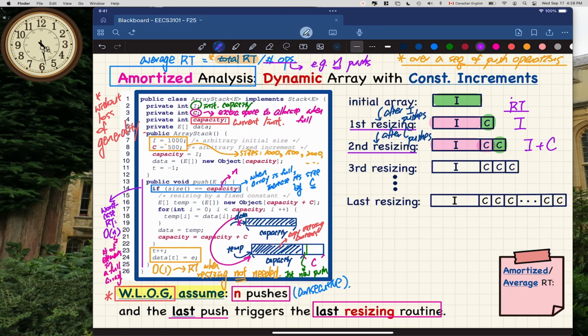And then let's just do one more. Let's say we do another C pushes. So that means we got right now here. What we want to do is somehow copy all these things over into the new array, and then with this additional space, that'll be I plus 2C.